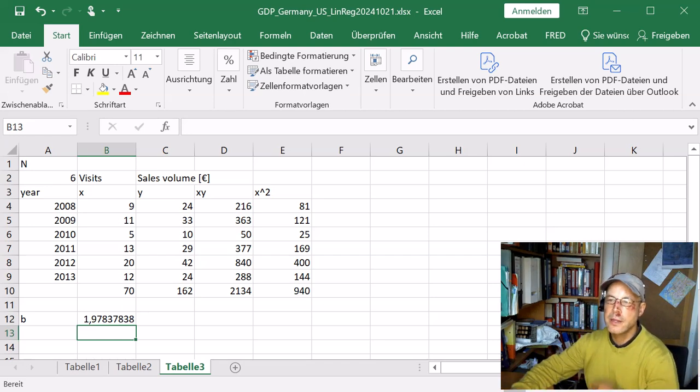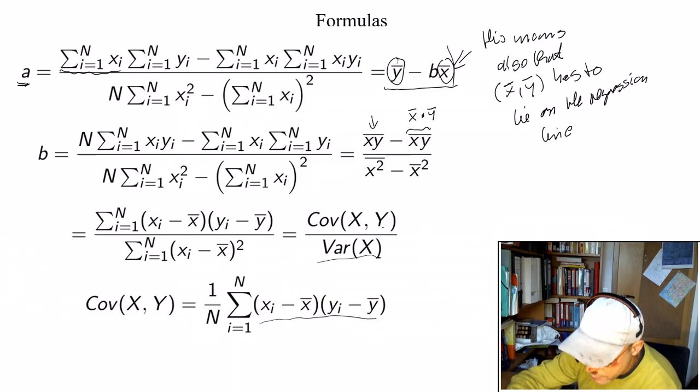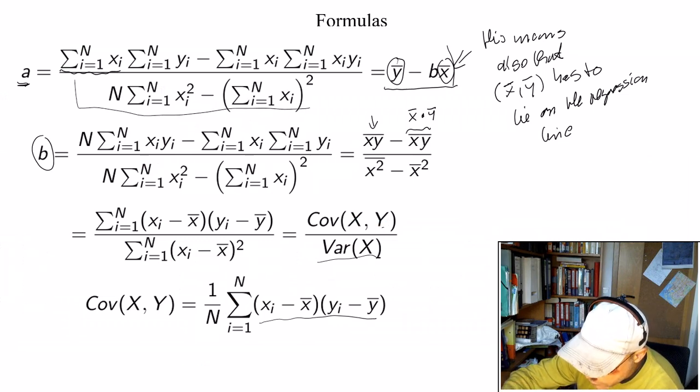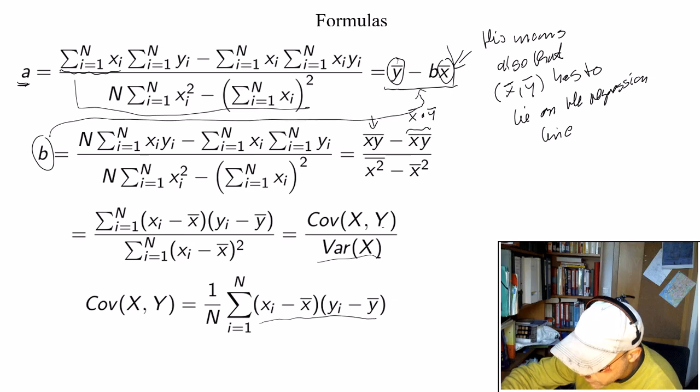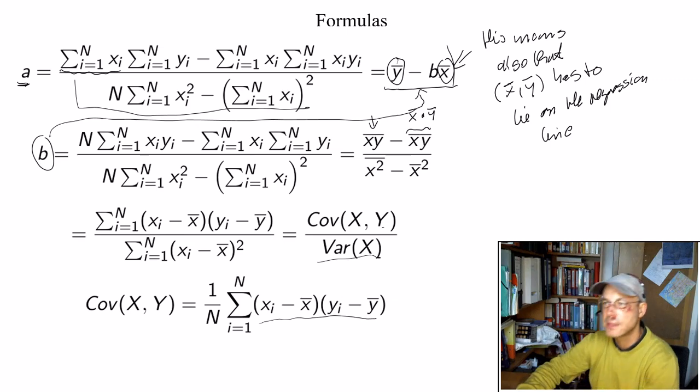So B would be then 1.978. And then if we have this B, you could use, of course, this formula, or what you can also use is just this formula using that A equals y bar minus the slope B times x bar.